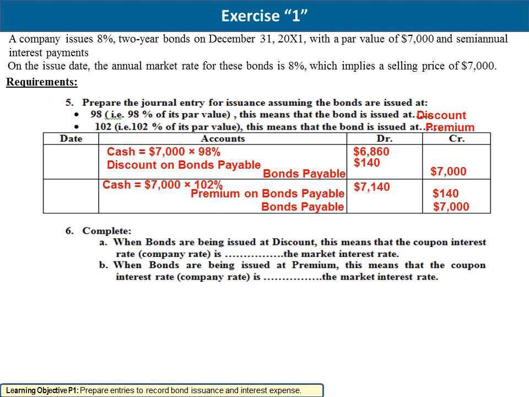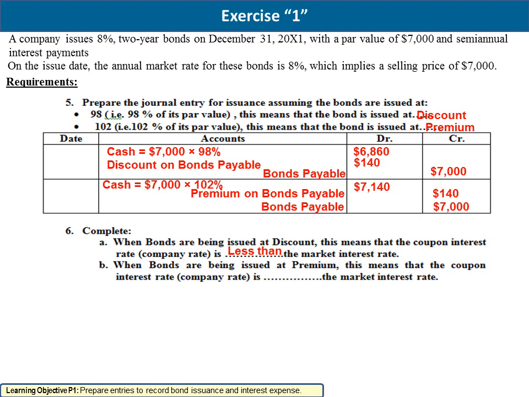When bonds are being issued at discount, this means that the coupon interest rate, or the interest rate offered by the company on the bond, for sure will be lower than the market interest rate. That's why I will have to reduce the price of the bond in order to make investors come and buy it. Otherwise, they will not buy it.